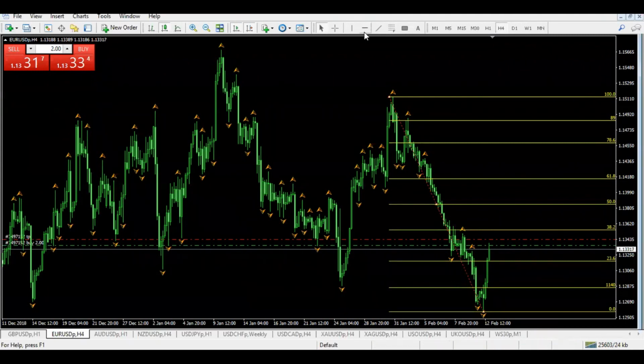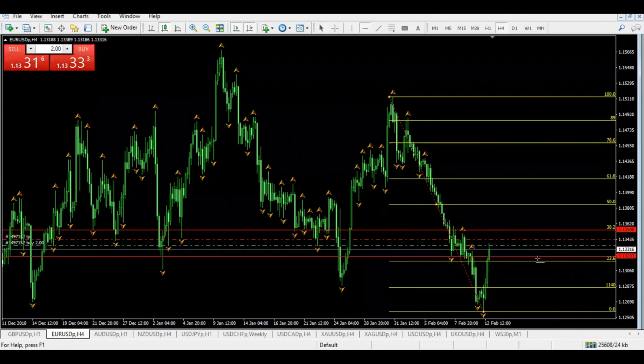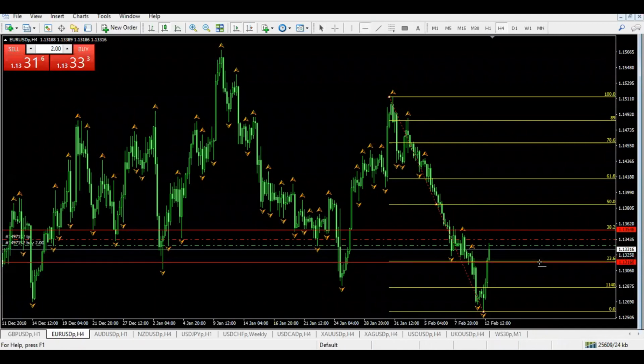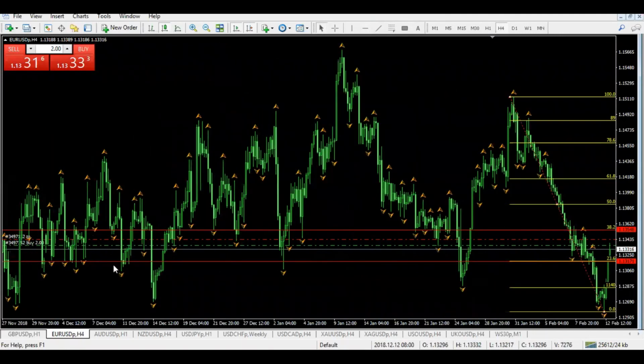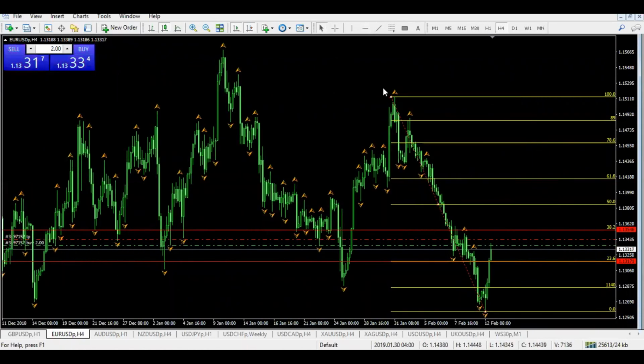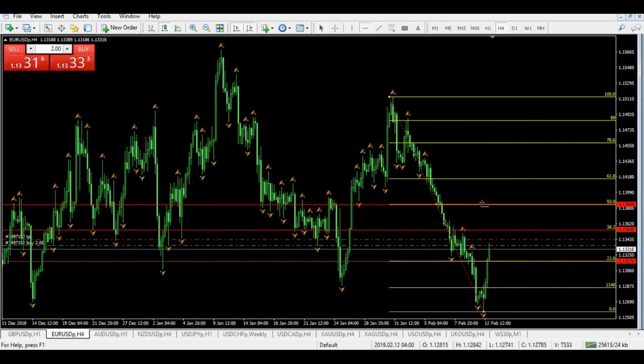Now I want to check if my Fibonacci is right or not. It should be on my resistances. The 38 is on the pivot. 23, I have a pivot here, and it's on the resistance here. My 50 is on the resistance, the low, and it's pulled back here.